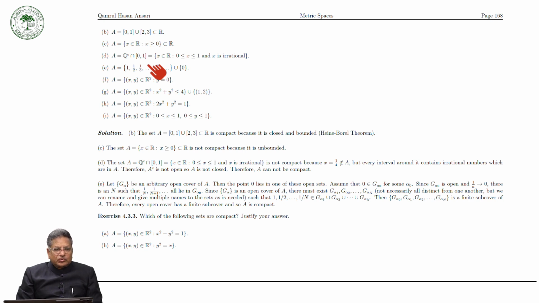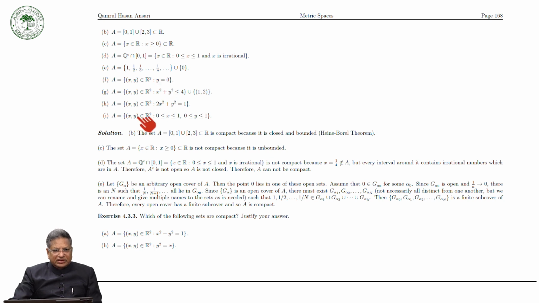So no need to go to the definition of a compact set, that is, every open cover has a finite subcover. If you are checking whether a subset of R is compact or not, you just check whether it is closed and bounded or not. That is okay. Now what about the others?